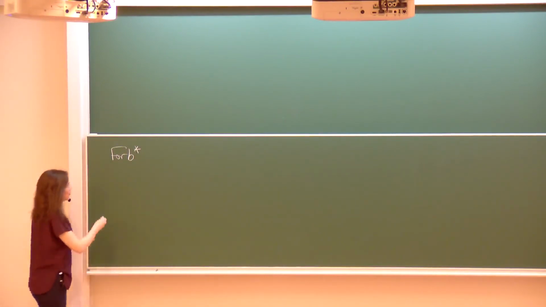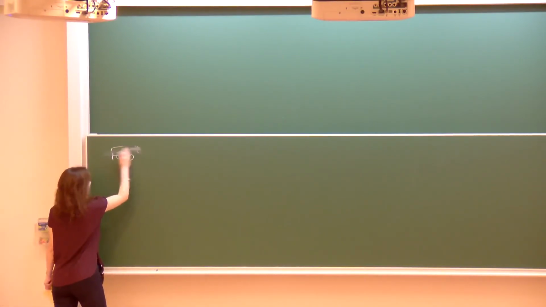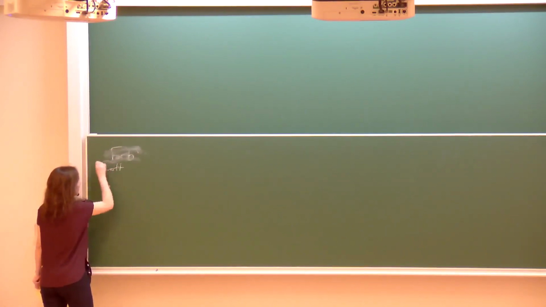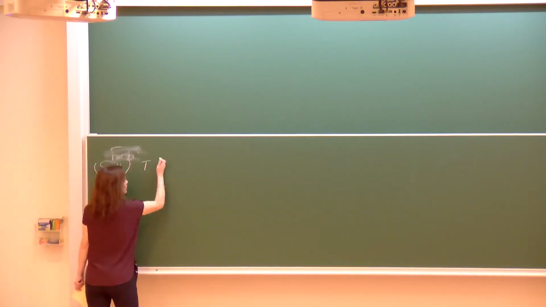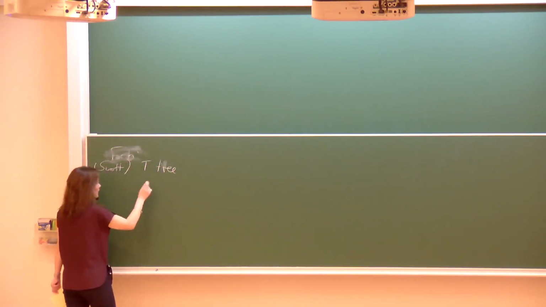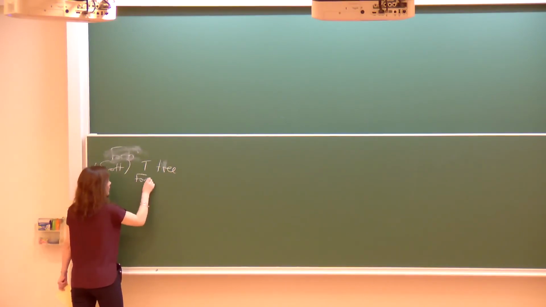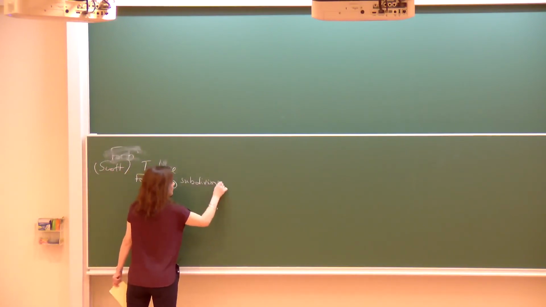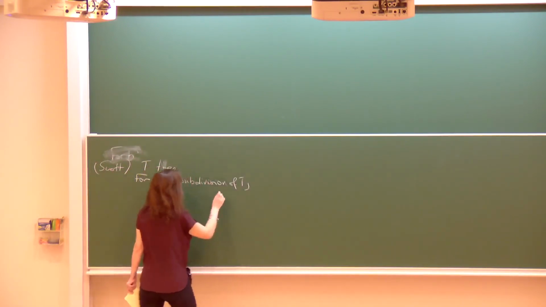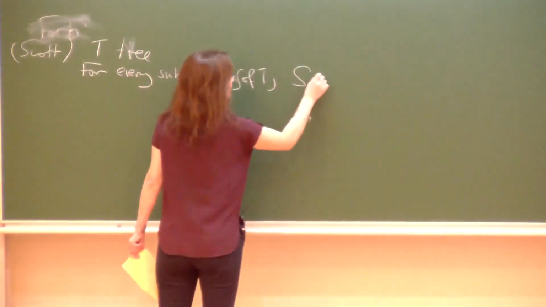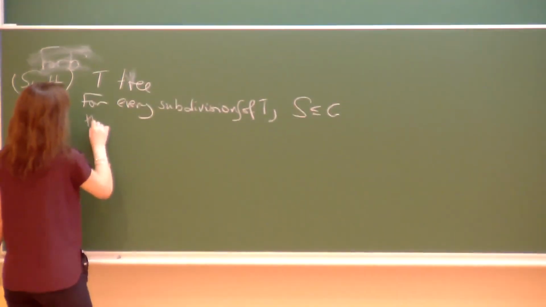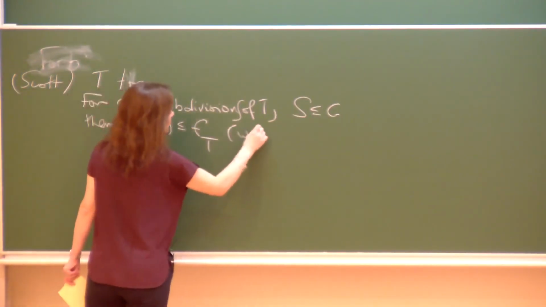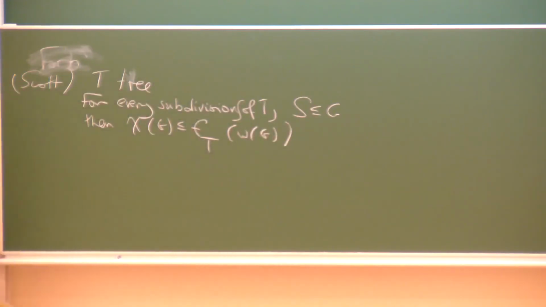Remember I mentioned there's a theorem of Scott that says that if I fix a tree T, and for every subdivision S of T, S is not in G, then chi of G is at most F, which only depends on T, of omega of G. And that was a theorem of Scott.